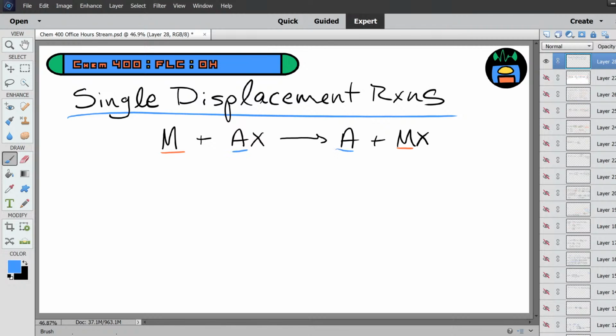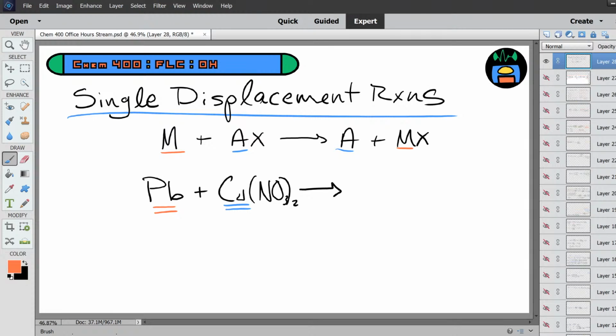Now, getting to a specific example, like the one that you brought up, the reaction between lead, Pb, and copper 2 nitrate. So the products here: your A is copper, and your M is Pb.